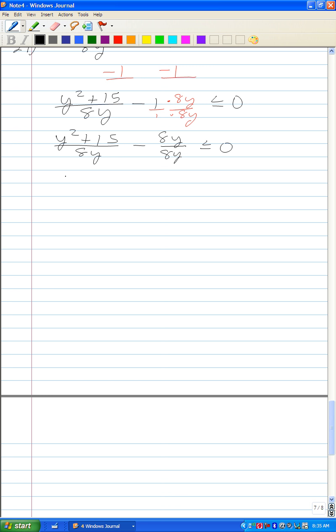And so, adding numerators, I get y squared minus 8y plus 15 all over 8y is less than or equal to 0. I can factor the numerator. This is a monic quadratic.